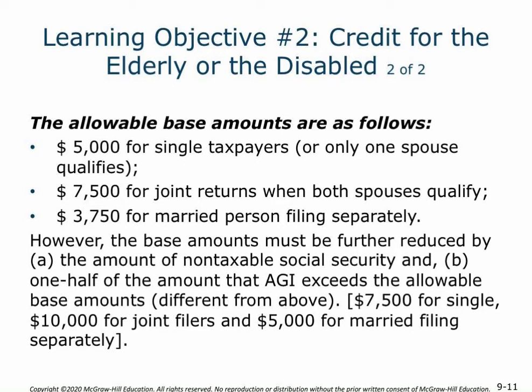So if we were single and had $3,000 in non-taxable Social Security and had earned $10,000, we would take the difference between $10,000 and the $7,500 and get $2,500. We'd divide that in 2 to get $1,250. So we would subtract $3,000 and $1,250, or $4,250, away from $5,000 first. So we'd only have $750 for our base that would apply here.